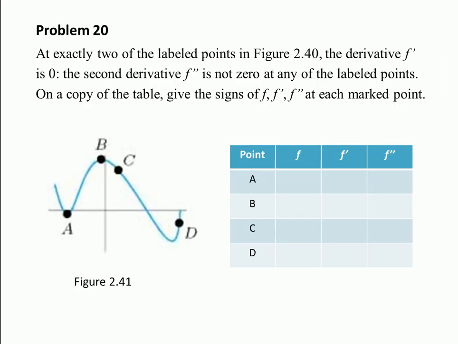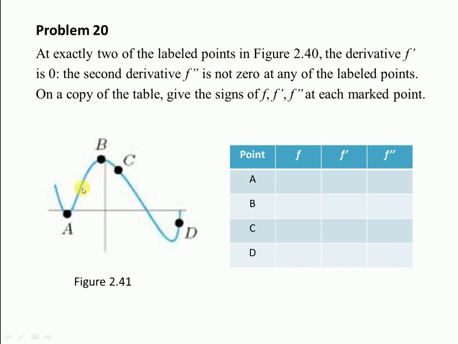Okay, so one problem here. This is the problem from the textbook. Now I have a curve and there are 4 points indicated here, A, B, C, D. They want us to make a label for the function f, f prime, and f double prime. So remember, this original function here is the function f.